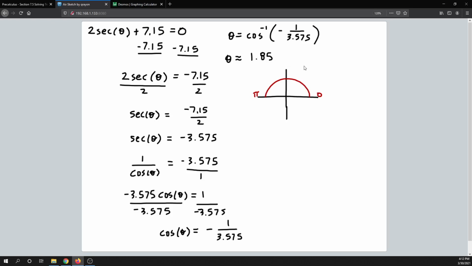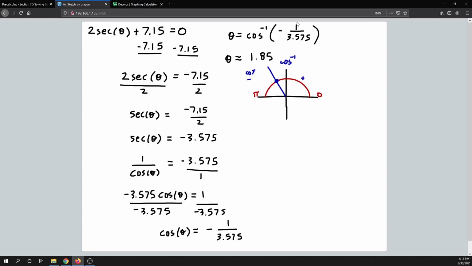And so this angle is somewhere up here in the second quadrant. And we know that because for angles up here in the second quadrant, the cosine is negative, and for angles over here in the first quadrant, the cosine is positive.